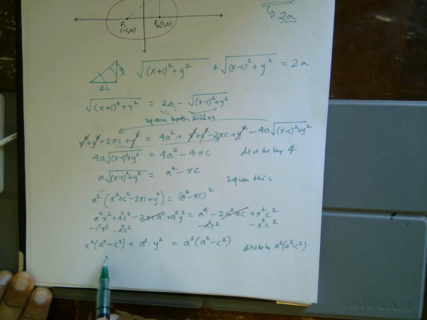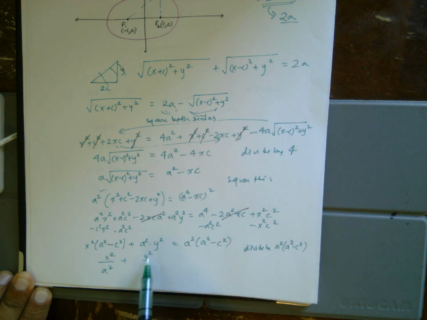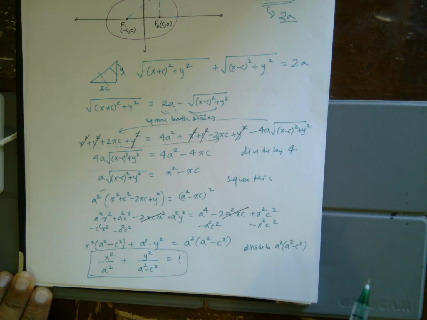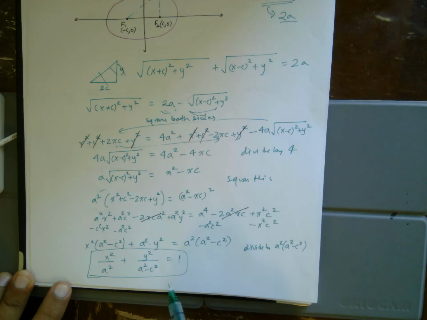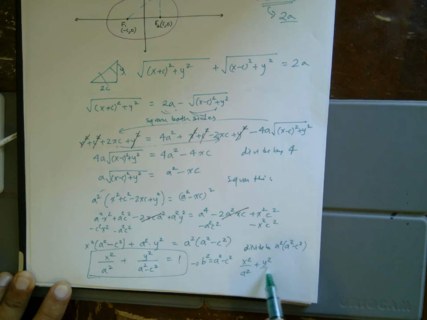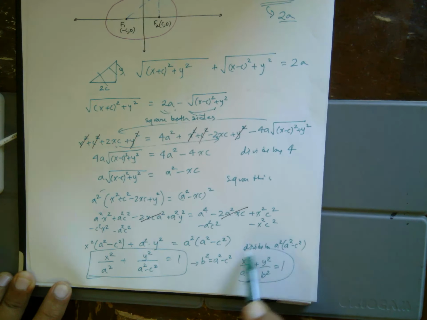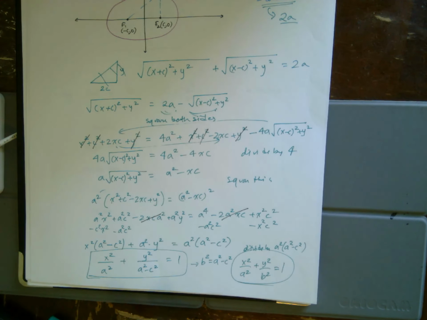Then this becomes x squared over a squared plus y squared over a squared minus c squared equals 1. Which then is our familiar form. If I let b squared equal a squared minus c squared, this becomes x squared over a squared plus y squared over b squared equals 1. And that's the familiar form of the equation of an ellipse that you've seen before.